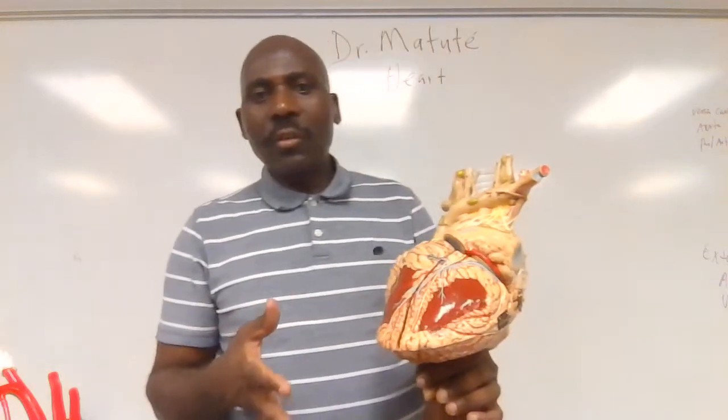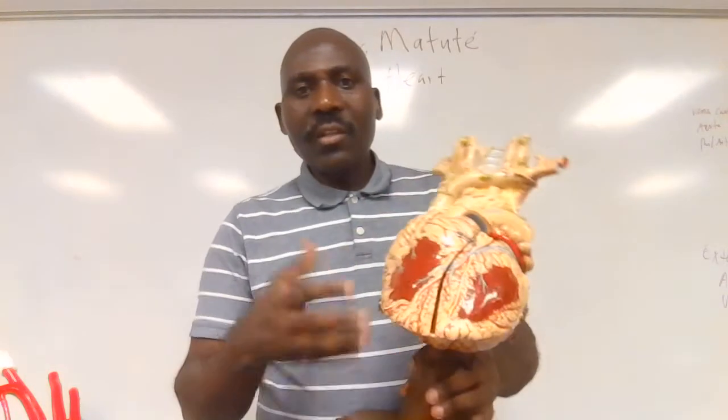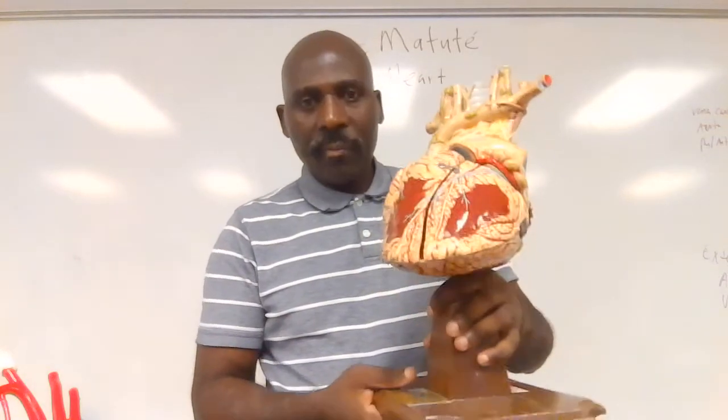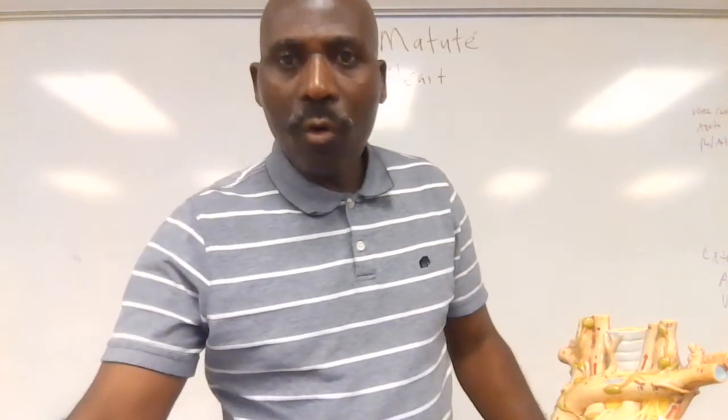powerhouse. Now, in anatomical position, the apex of the human heart is tilted more towards the left side of your body. Now, in terms of functions, the human heart has three main functions.